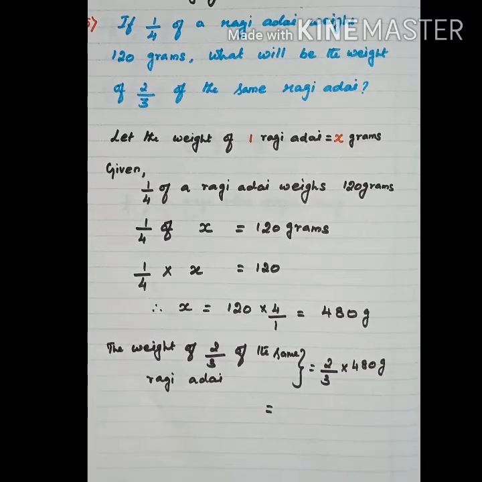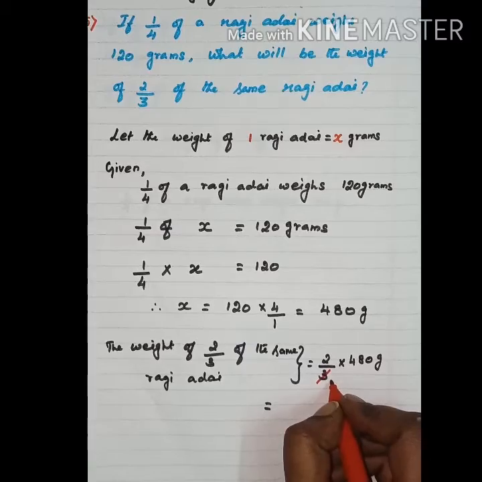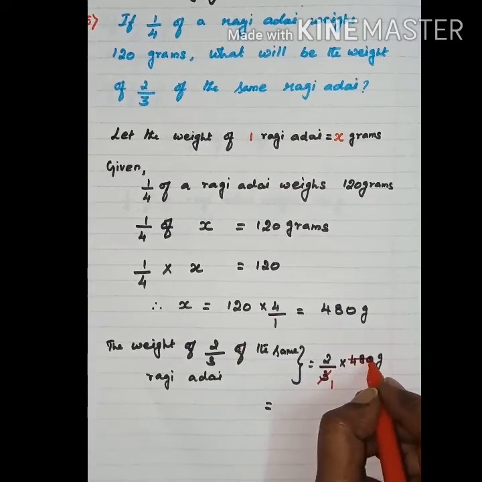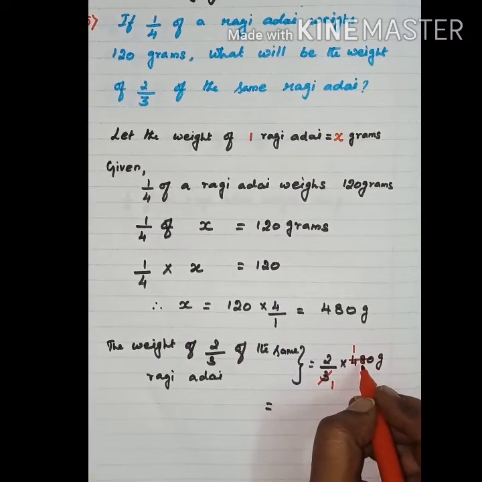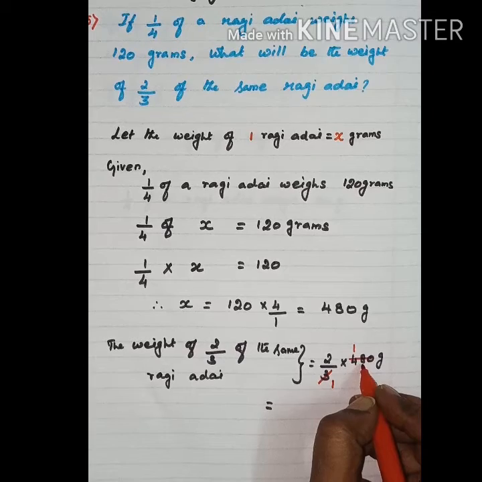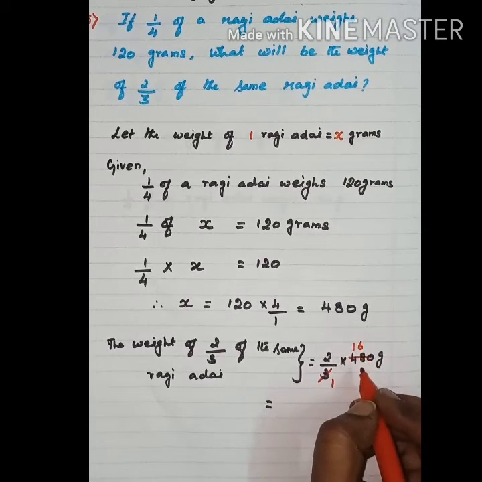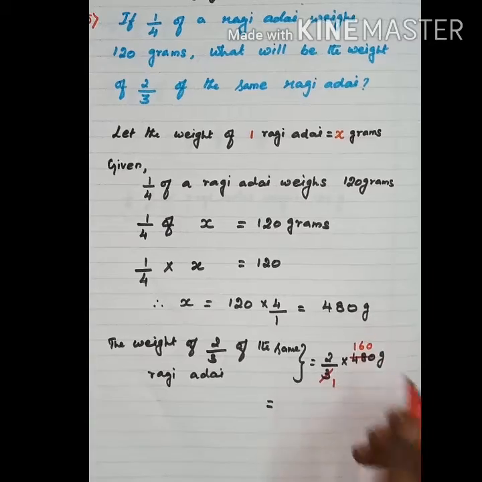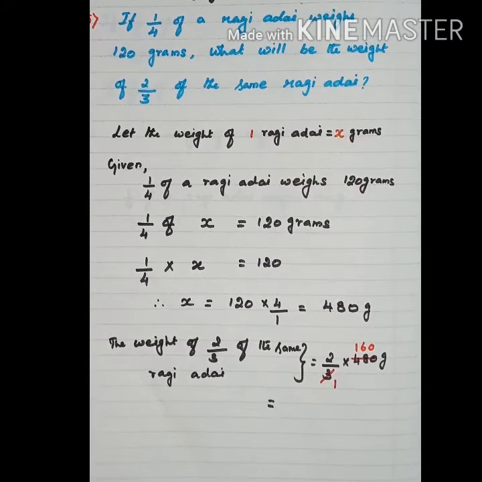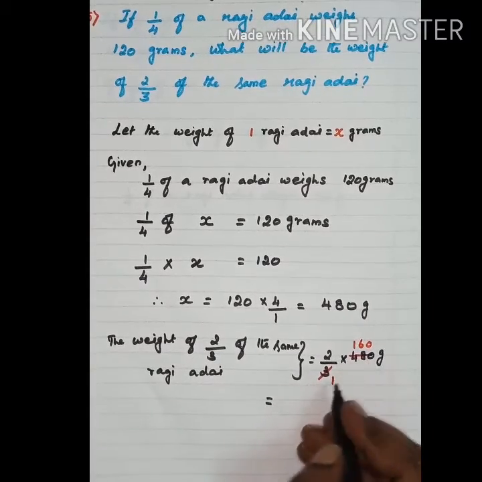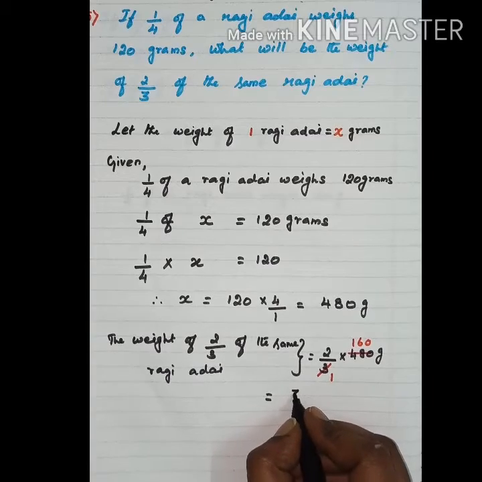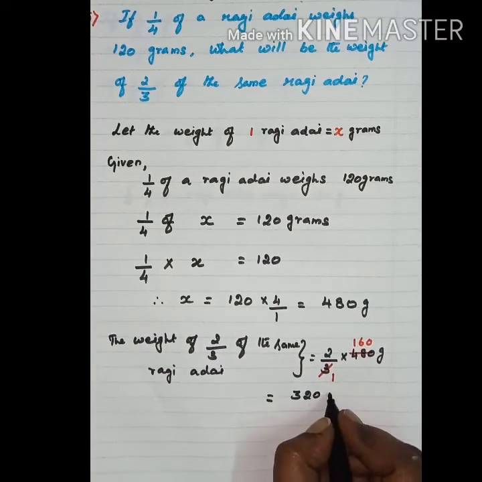Here 1 threes are 3, balance 1, 6 threes are 18, 0. 2 into 160 is equal to 320 grams.